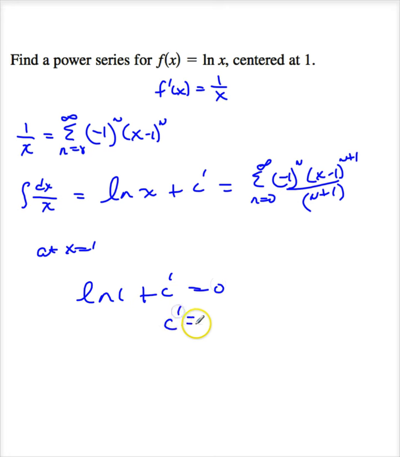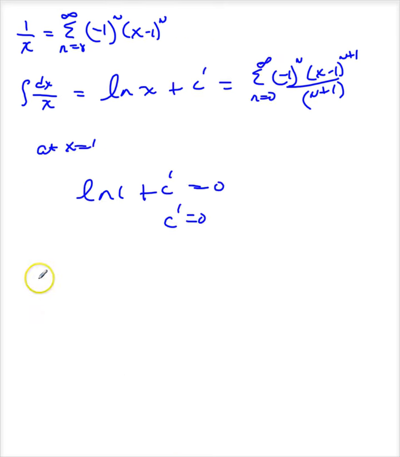And that tells me my constant is 0. So what I now know is that I can write the log of x is equal to the sum as n goes from 0 to infinity of negative 1 to the n, x minus 1 to the n plus 1 divided by n plus 1.